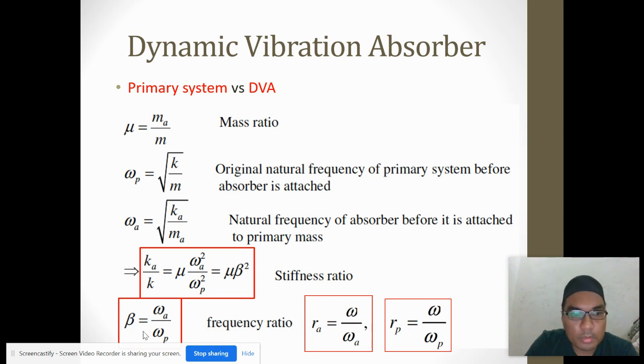The beta is omega A divided by omega P. We also have the frequency ratios: Ra is omega divided by omega A, and Rp is omega divided by omega P. Ra is the operating frequency divided by the natural frequency of the DVA, and Rp is the operating frequency divided by the natural frequency of the primary system.